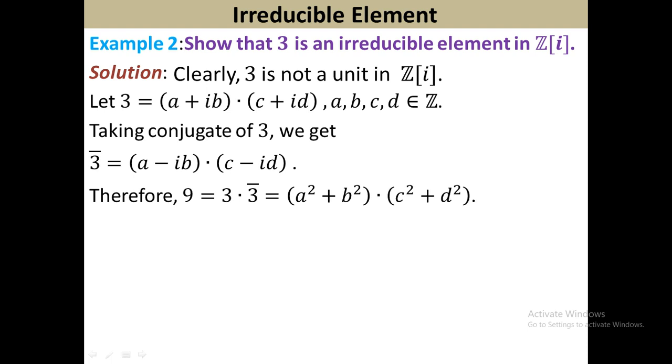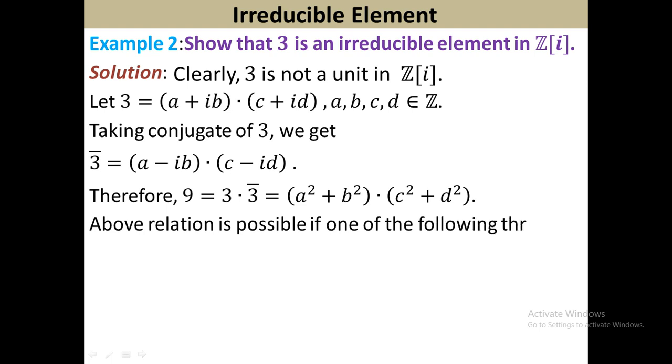Here a, b, c, d are all integers, therefore this is possible if one of three conditions holds. The factorizations of 9 in real numbers are 1 and 9, 3 and 3, and 9 and 1.